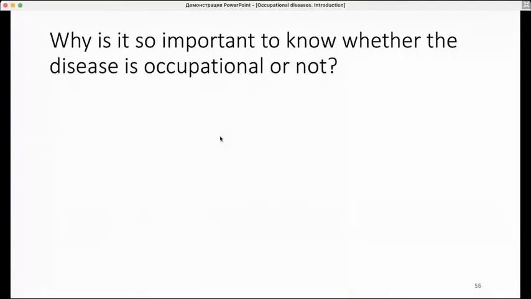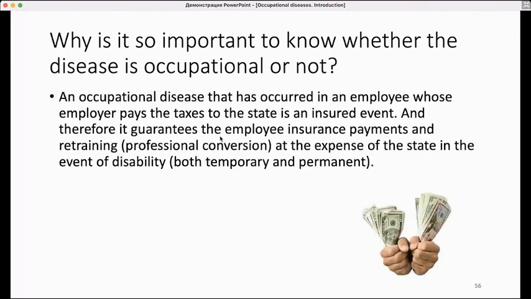And the last question, why is it so important to know whether the disease is occupational or not? An occupational disease that has occurred in an employee whose employer pays taxes to the state is an insured event and therefore guarantees the employee insurance payments and retraining at the expense of the state in the event of disability.